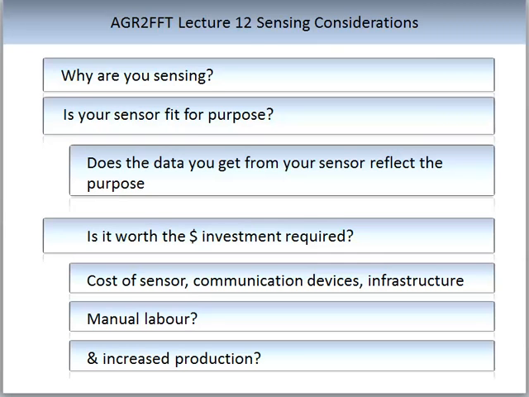Does any part of your sensor involve manual labour? It is often not so essential to consider the setting up of the sensing system, but rather the routine collection of data. And will your sensing system actually increase production or productivity or efficiency? This can be a very hard thing to determine in some measurements.